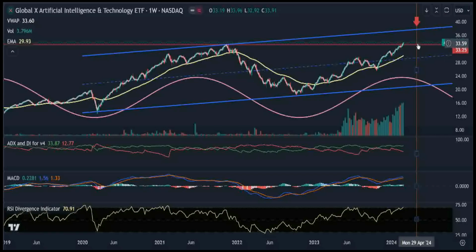So I feel that the ideal time to be selling this would be probably by the time it hits the top of the channel, the trend channel here. And I'm looking at a date of the week of April 29th. So the target price will be approximately here, which is around $38.